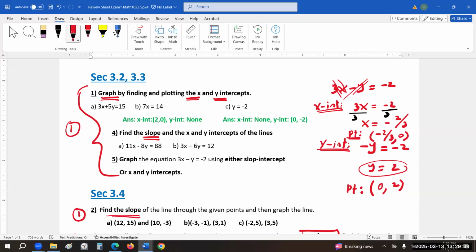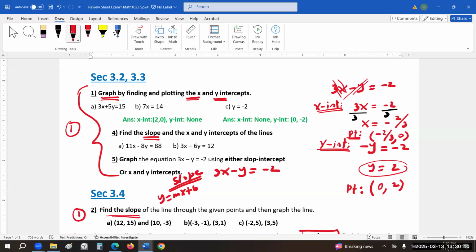And let's say they wanted to find the slope also. So we have 3x minus y equals -2. And this time we are finding the slope. To find the slope, what do you have to do? Get y alone. y equals mx plus b. Not formula, but we can use the formula from using these 2 points. I actually have seen many people do that, but you don't have to use the formula.